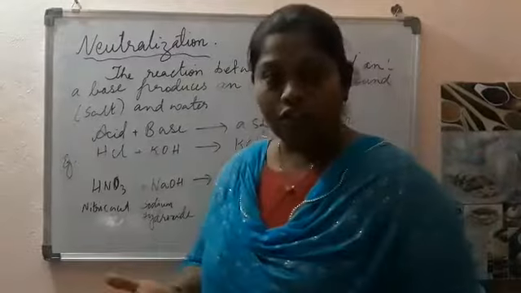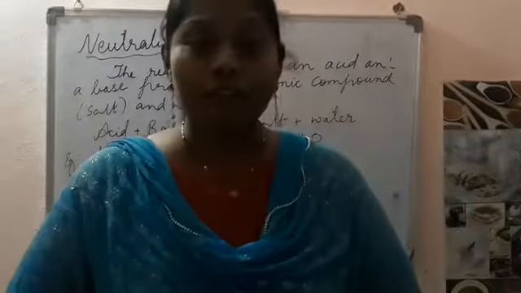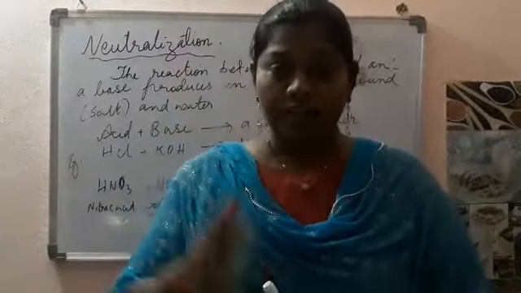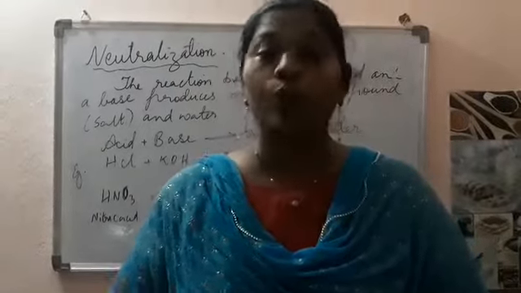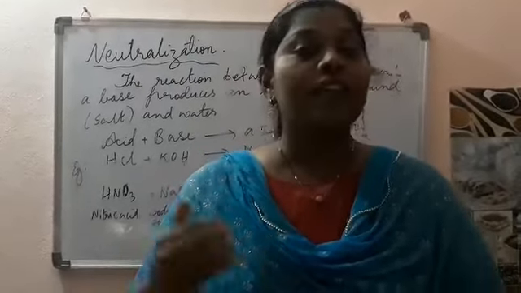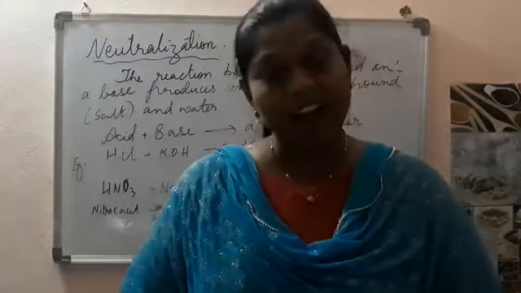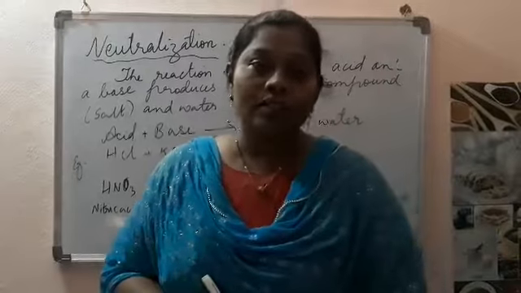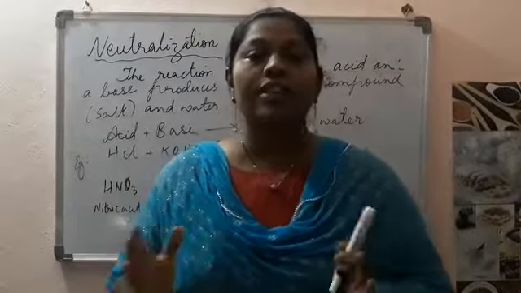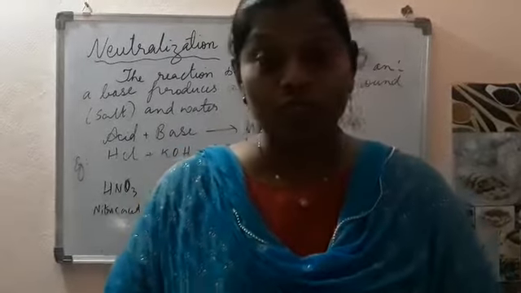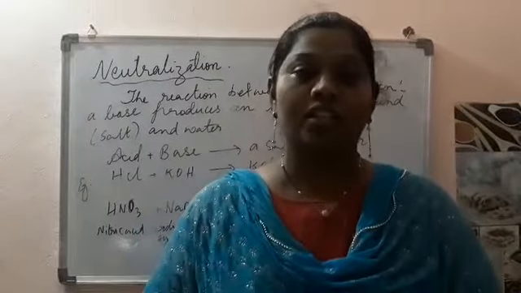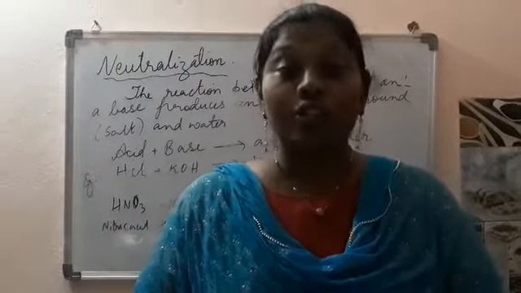So what is neutralization? I hope that you have understood what is neutralization. The reaction of an acid with a base giving rise to an ionic compound. It is nothing but a salt, and the byproduct is water. So this reaction is called as neutralization reaction. What it is children?